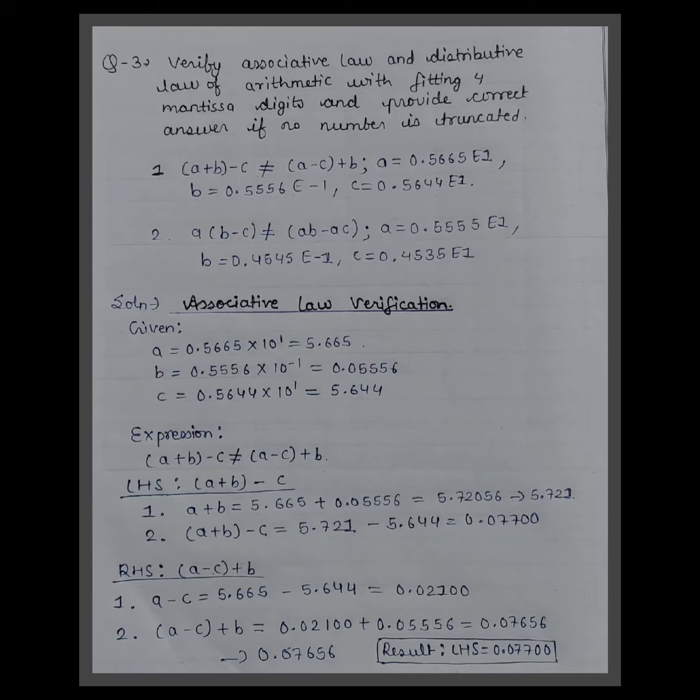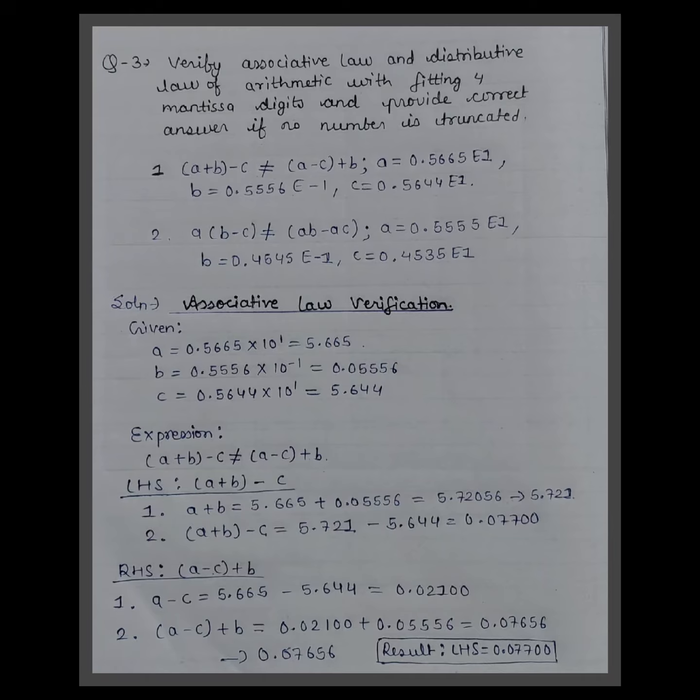Second, a times (b minus c) not equal to ab minus ac, where a equals 0.5555 E1, b equals 0.4545 E minus 1, c equals 0.4535 E1.